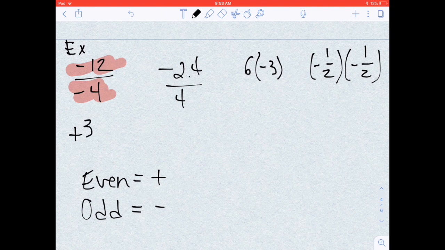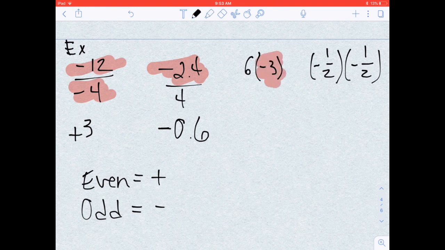Letter B is negative 2.4 divided by 4. How many negatives do I have? 1, so it's odd. That means I'm going to have a negative answer. 2.4 divided by 4 is 0.6. Next, 6 times negative 3.